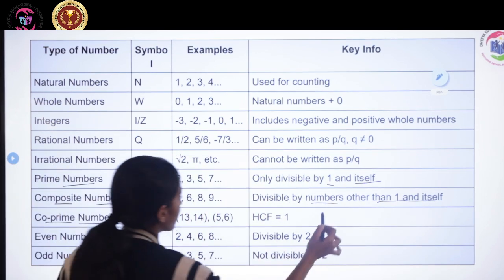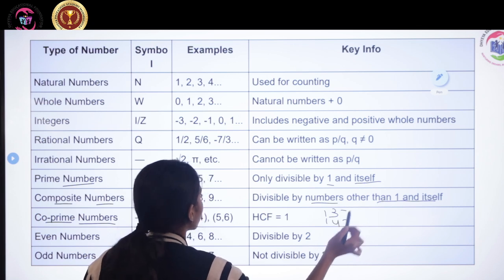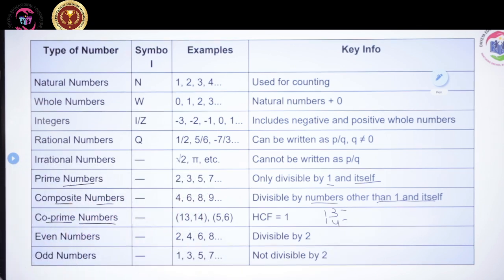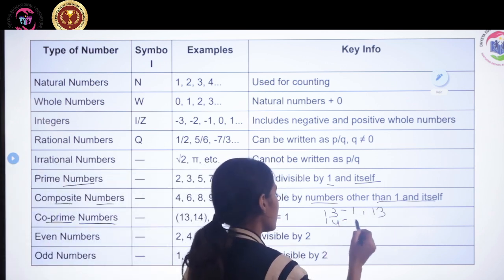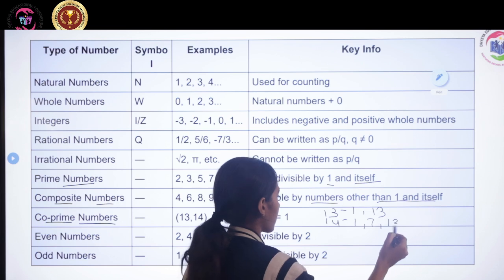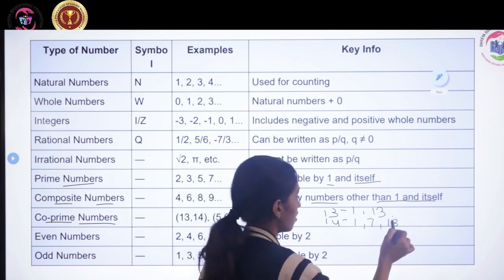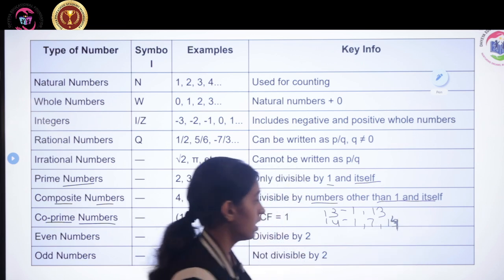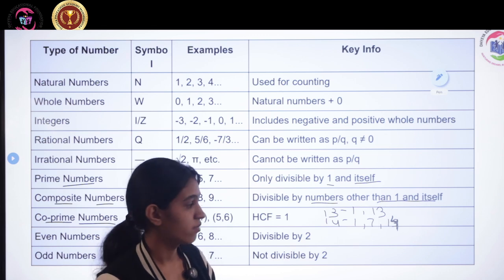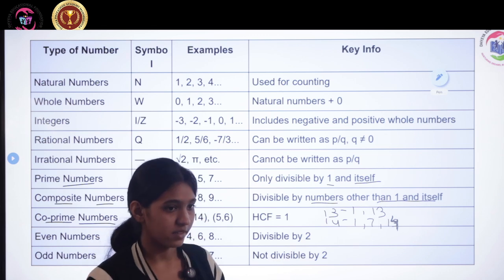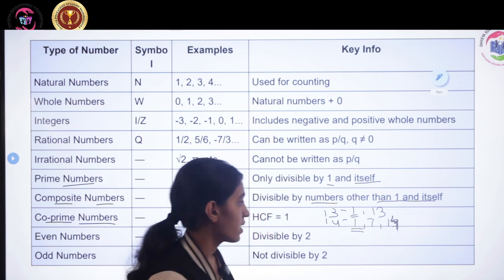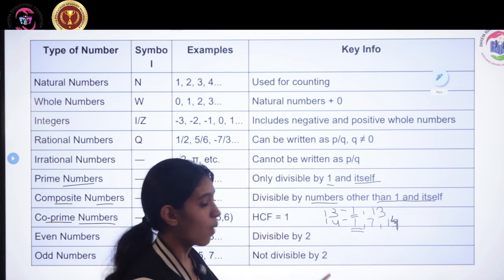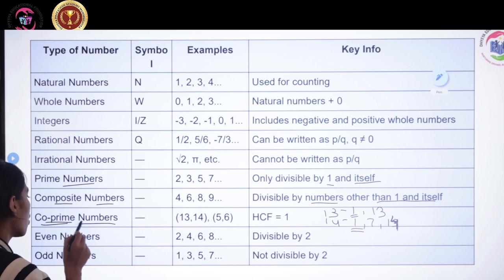If I take 13 and 14, the factors of 13 are 1 and 13, and of 14 are 1, 2, 7 and 14. The HCF, highest common factor, is 1. That means they are co-prime numbers.